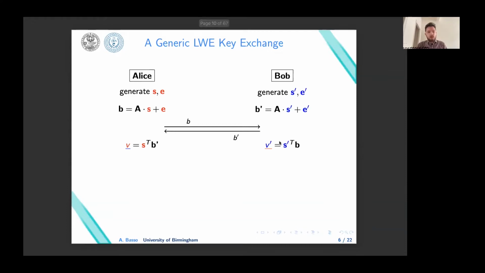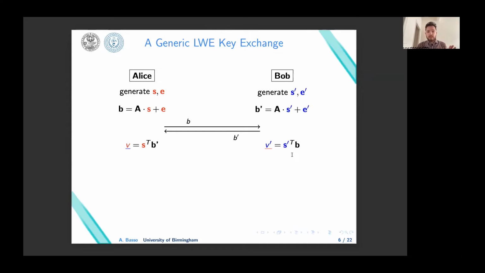Now both parties can multiply the vector that they received times their own secret. Alice gets this value V, which is one single component, because we're multiplying vectors in such a way that the result is a single element, and the same for Bob.